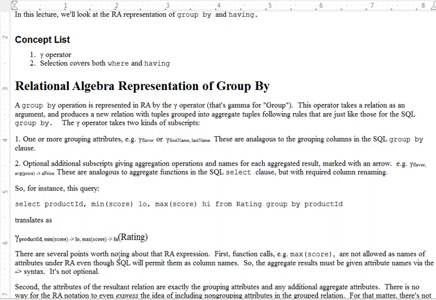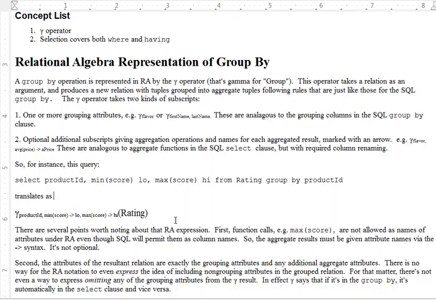There are several points worth noting about that RA expression. First, function calls, like max score for instance there, are not allowed as names of attributes under RA, even though SQL will permit them as column names. So the aggregate results must be given attribute names via the arrow syntax. It's not optional.